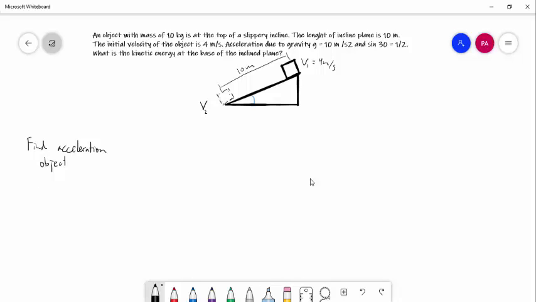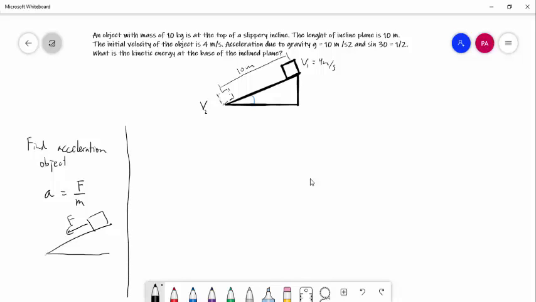We can find the acceleration of the object using this formula, and F is this one. That's the first way, but we already learned about it in the accelerated motion chapter.